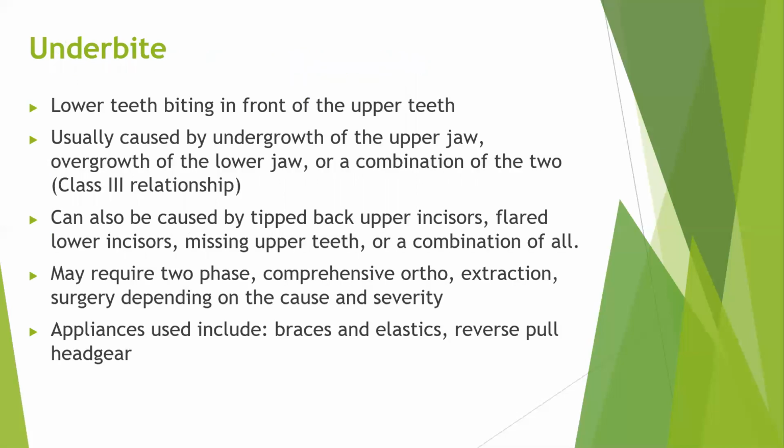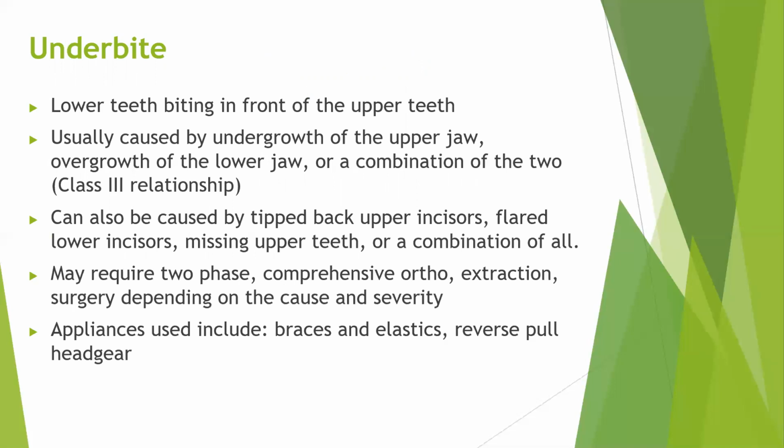Underbite is a situation where the lower teeth are biting in front of the upper teeth, usually caused by undergrowth of the upper jaw, overgrowth of the lower jaw, or a combination of both. It's also what we consider a Class 3 relationship.